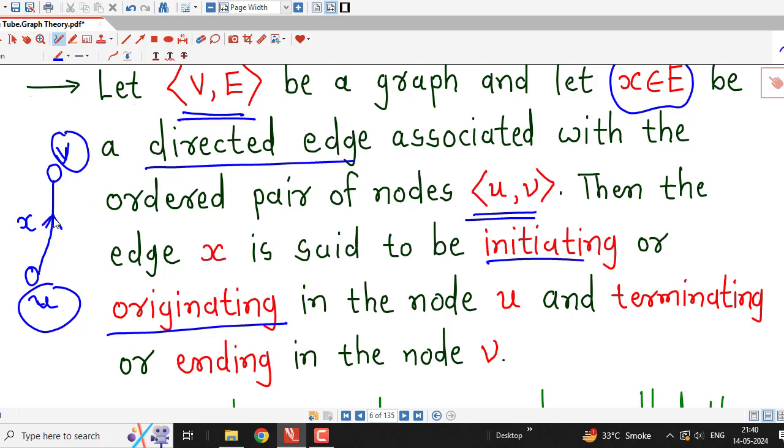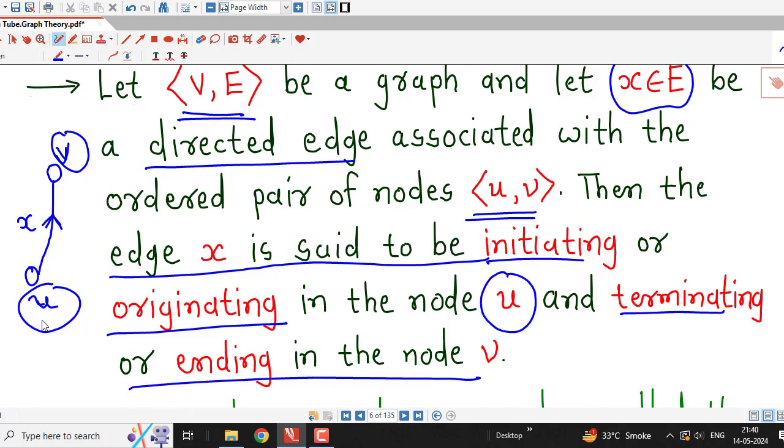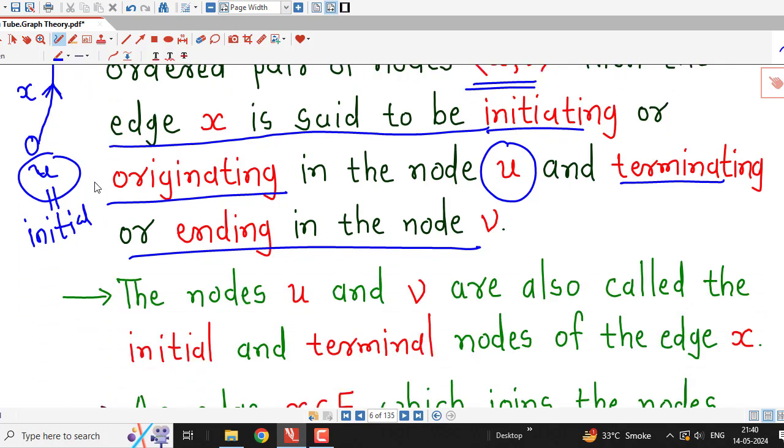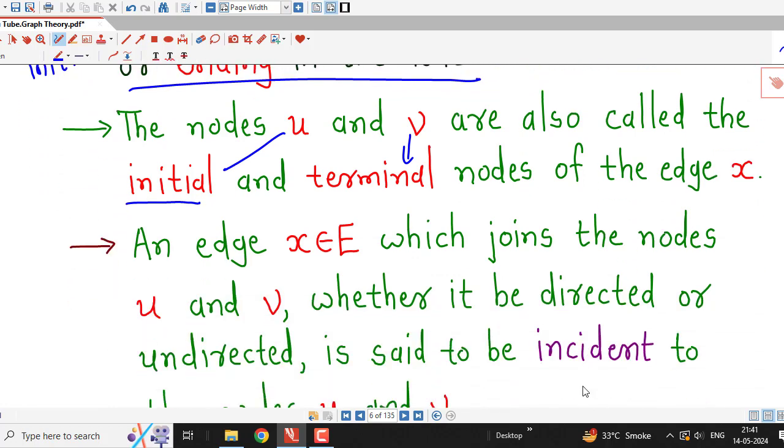If X is an edge connecting U and V, and if it is a directed edge, then the edge X is said to be initiating or originating in the node U and terminating or ending in the node V. And we call node U the initial node and node V the terminal node. That I have written here. U is the initial and V is the terminal node of the edge X.